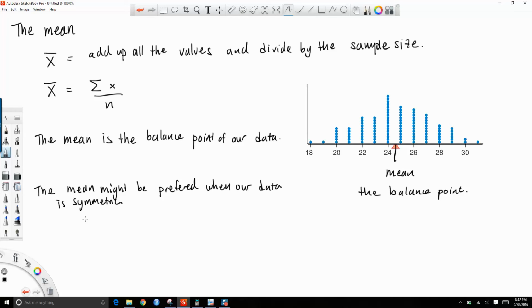You can still calculate the mean. We can still calculate the mean for skewed data, okay, but it may not be as, quote, representative or typical when the data is skewed.